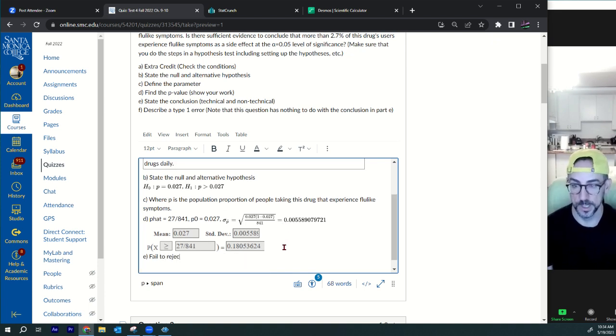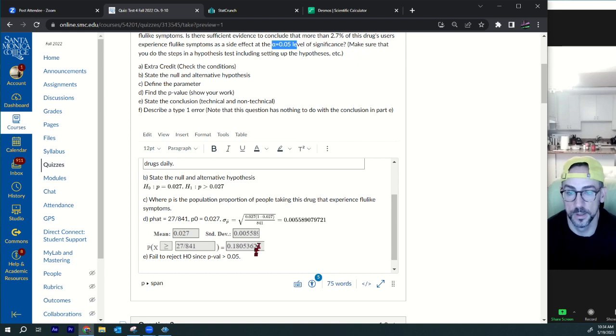Fail to reject H naught since p-value is greater than 0.05. I'm assuming it's 0.05. Yes, it is. It says it right here. Great.